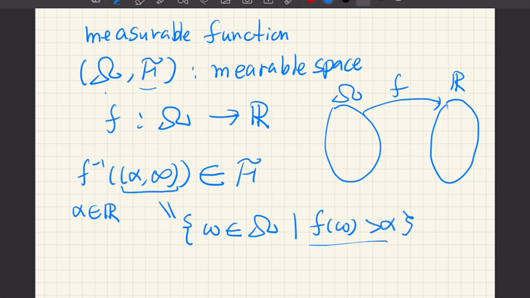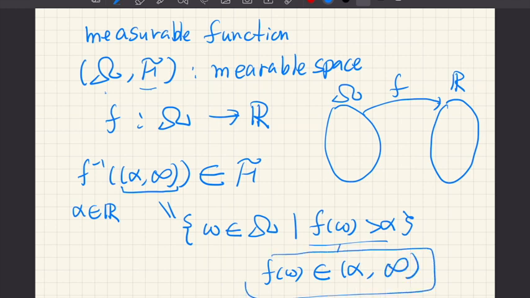So this means this value is in this interval, right? Same thing. Okay, so we pick a subset here, then take that subset into the original sample space. So this defines a subset in omega.